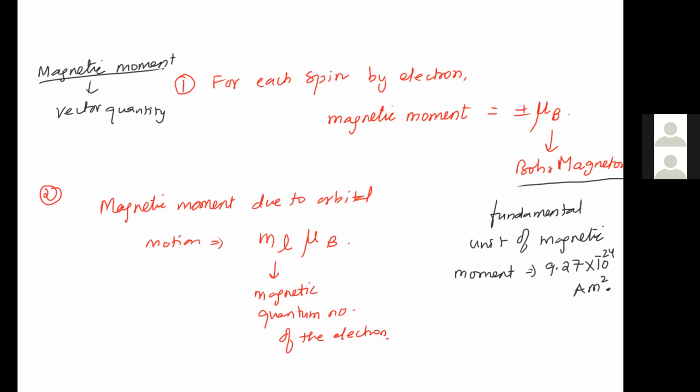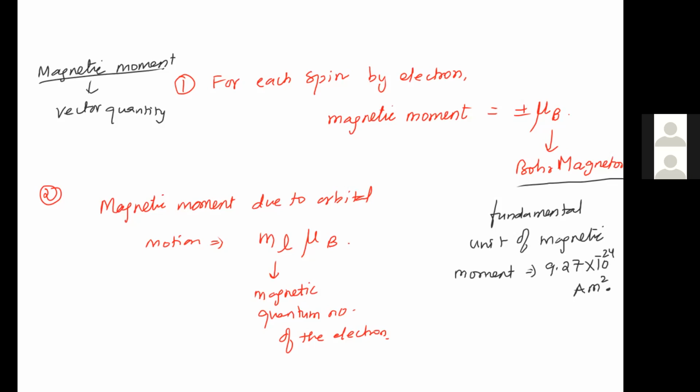So we know vector quantities now. The net magnetic moment of an electron will be represented by an arrow.